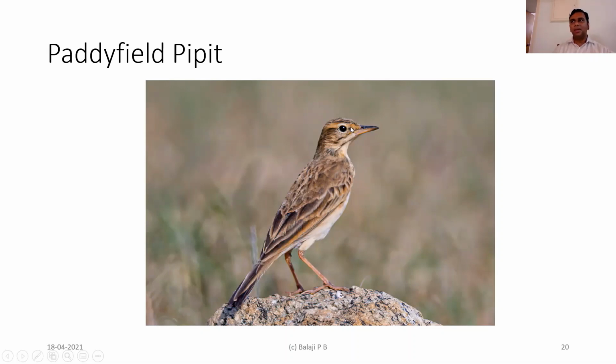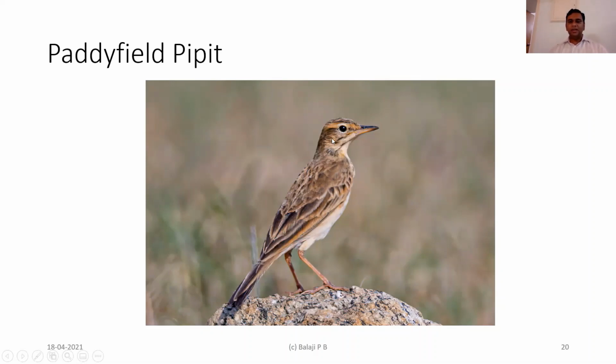But the Richard's and the Blyth's pipit will have very pale lores. This area between the eye and the beak will be very pale in Blyth's and Richard's pipit.